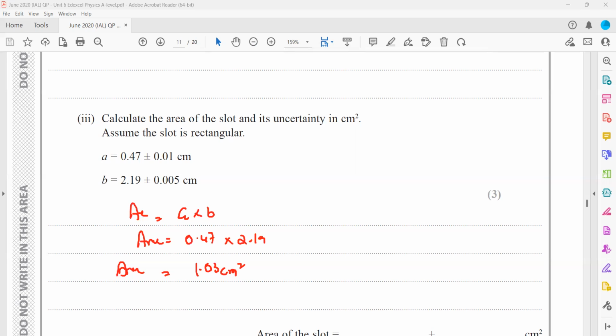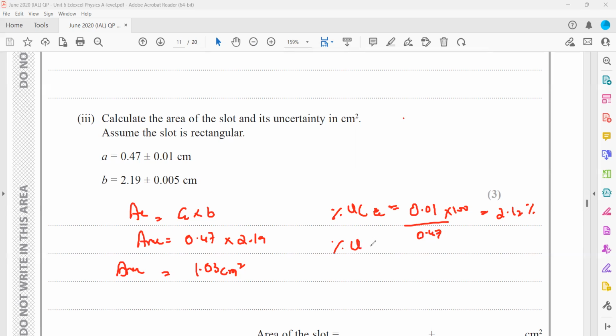So first we work out the percentage uncertainty in A. The uncertainty in A is 0.01, divided by the value 0.47, times 100. That's equal to 2.12%. That's the percentage uncertainty of A.